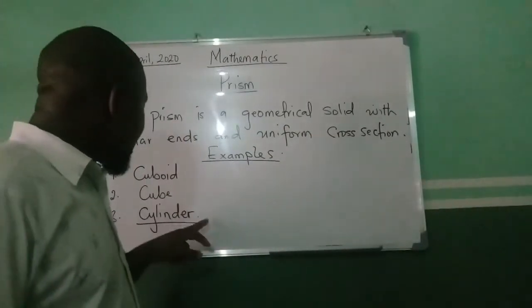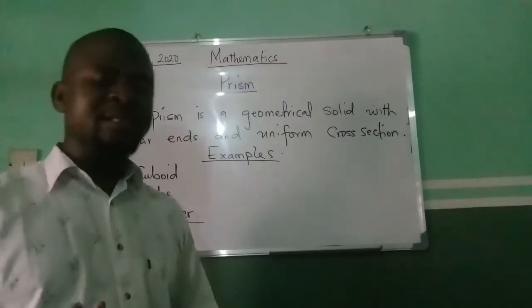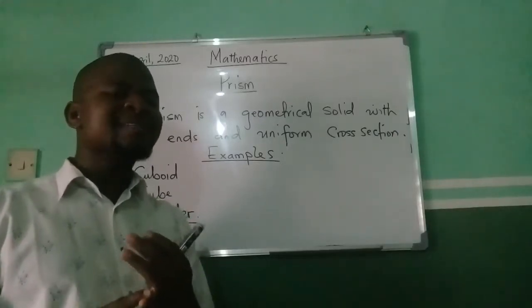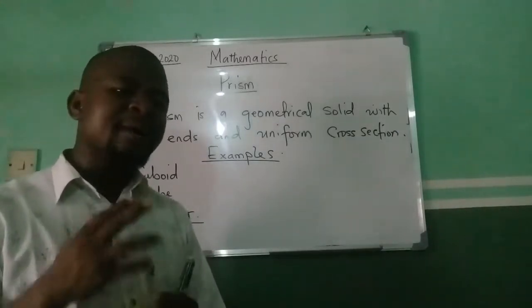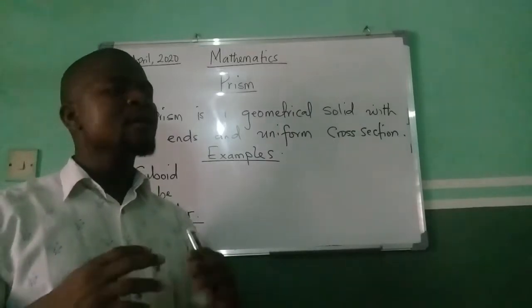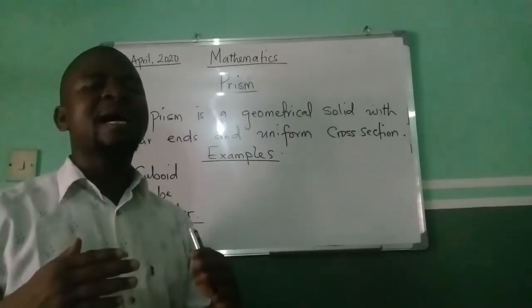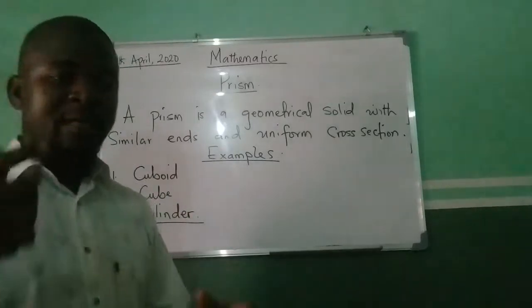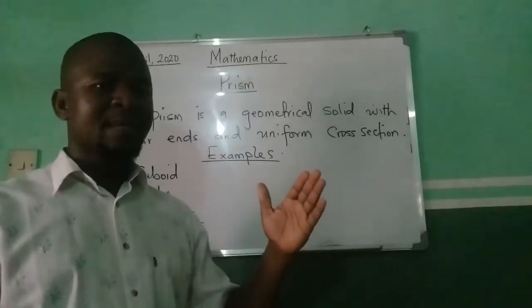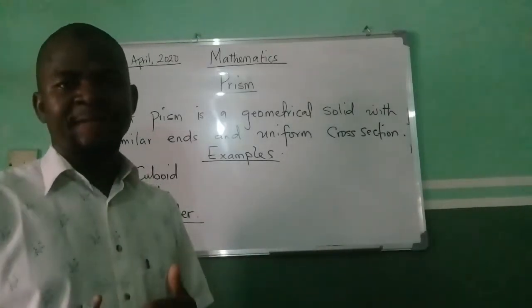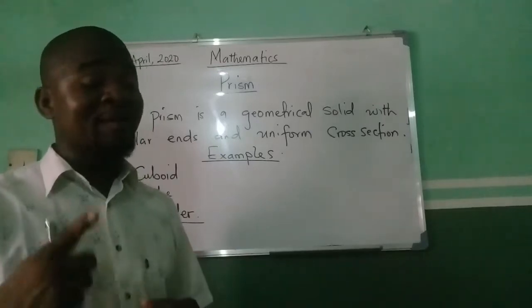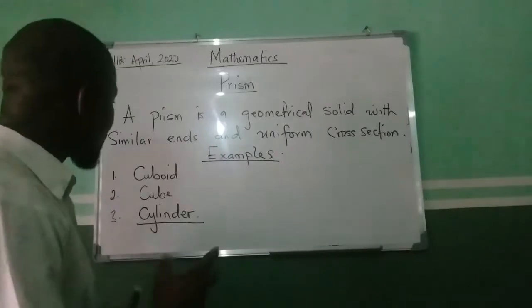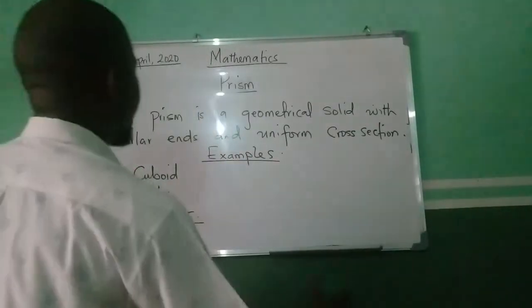Now, the difference between a cylinder and other prisms is that a cylinder has one curved surface, and all other prisms have flat surfaces in their entirety. Meaning it has two circular ends and one curved surface, while other prisms don't have that. That is the reason why it is termed a special prism. So let's quickly look at a cylinder now.